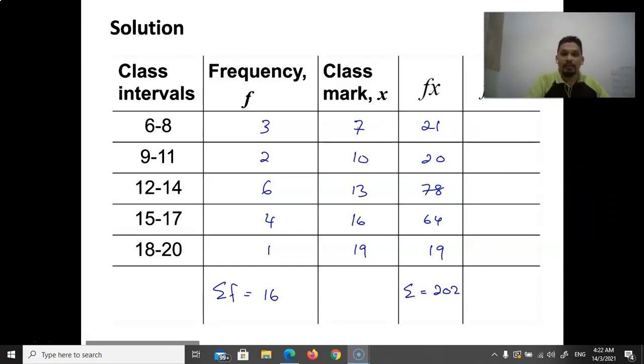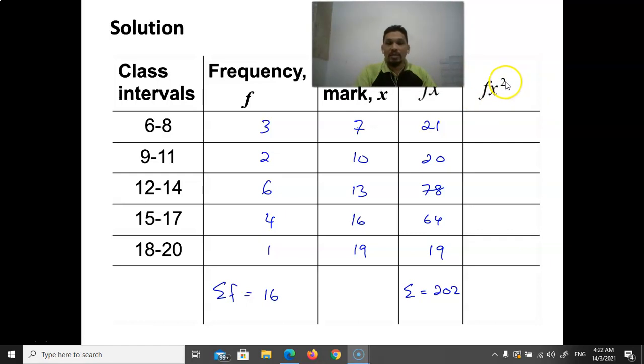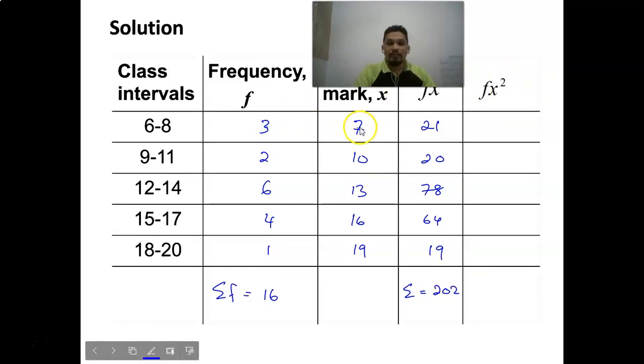Okay. Now for f times x squared. 7 squared is 49, so 3 times 49 equal to 147. 10 squared equal to 100, 100 times 2 equal to 200.